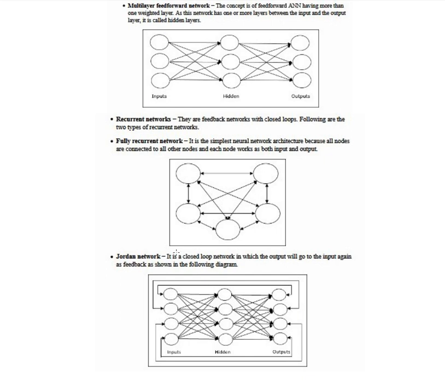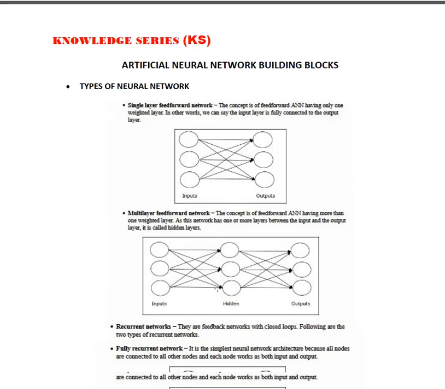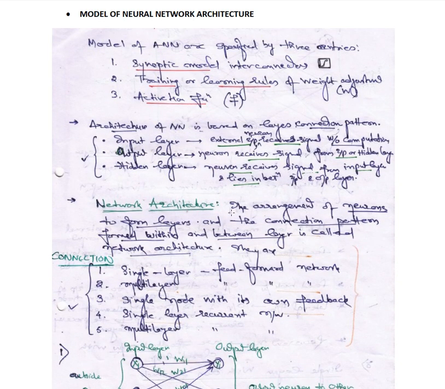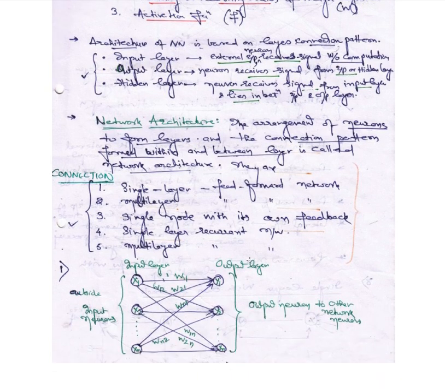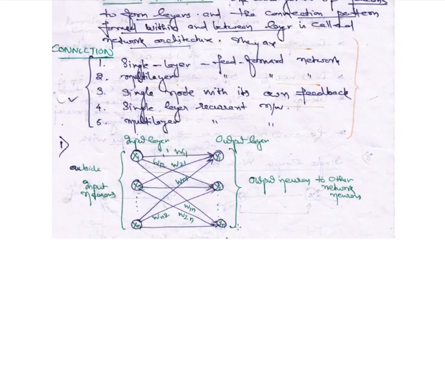So this is another class of network. You can see that the fully recurrent network and the recurrent network come under this class. That is what you can see in these sections. Another form is the single layer feed forward non-recurrent network, a multi-layer non-recurrent network, single layer with its own feedback recurrent network, and multi-layer recurrent network.